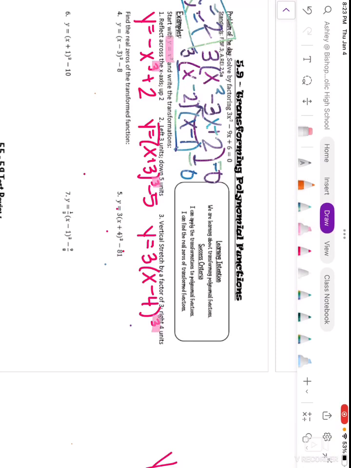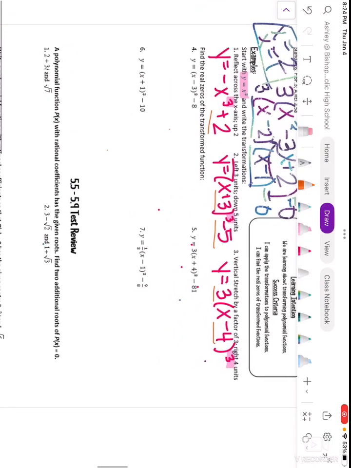I just have a plus 2 here on the outside to move it up 2, a plus 3 on the inside that moves it left 3, a minus 5 is moving it down 5. This 3 stretches it by a factor of 3, and then this minus 4 on the inside here moves it right 4. So we're just changing the things around that x cubed to transform and move our function.